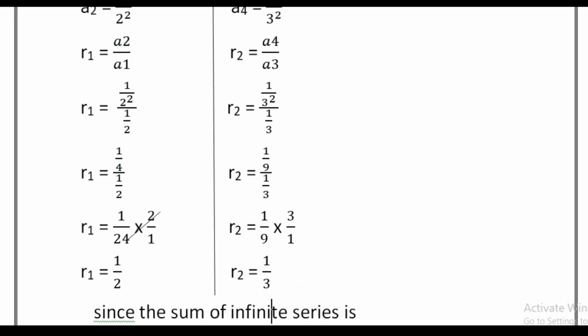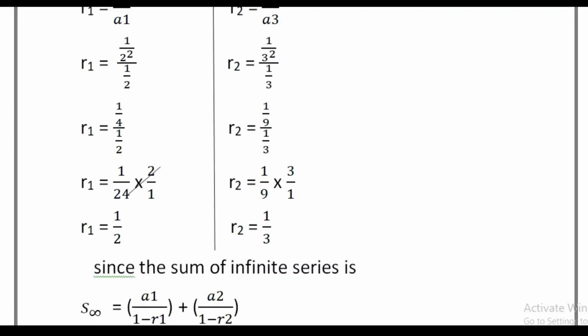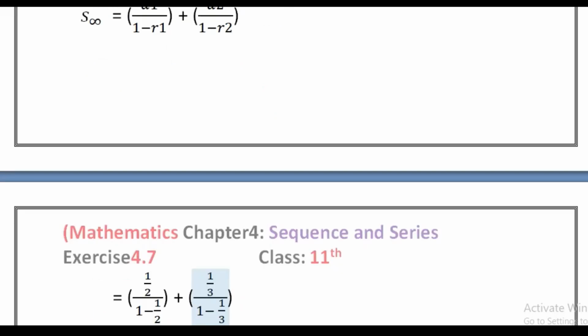Since the sum of the infinite series, that is S infinite, is equal to a1 divided by 1 minus R1 plus the second infinite series a3 divided by 1 minus R2.